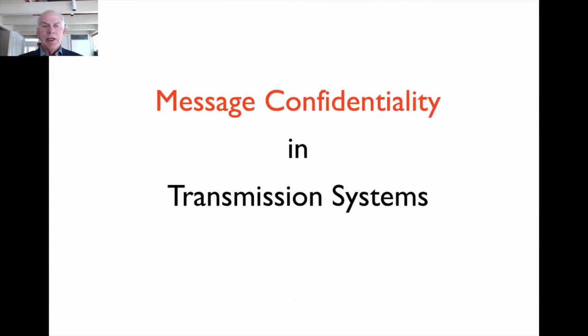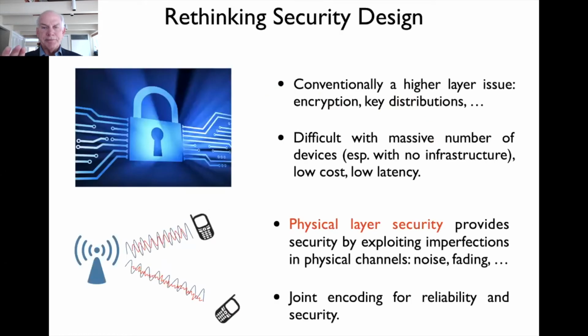All right, so let me now talk about message confidentiality in transmission systems. Again, the idea is that we want to rethink security design. Conventionally, as I said at the beginning, security in wireless networks, or in networks in general, is a higher layer issue based on encryption, key management, and so forth.